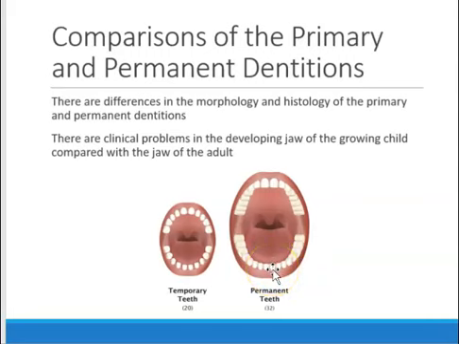Those are known as successional teeth because there are teeth replacing these teeth. If we look at the molars, the primary molars are being replaced by permanent premolars. Permanent premolars are successional teeth because they are replacing the primary molars.